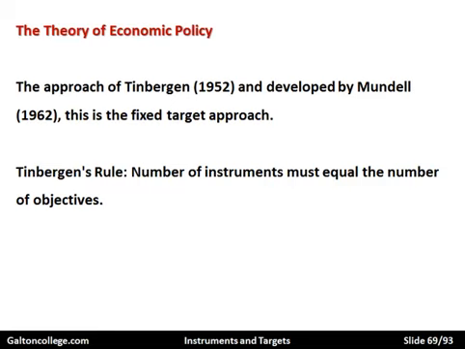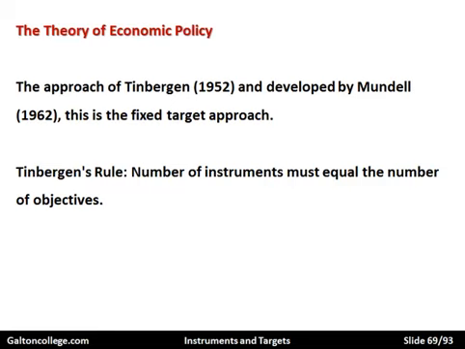So if the government wants to get low inflation, low unemployment, high rate of economic growth, and balance of payments equilibrium, that's 4. So it needs 4 instruments to achieve those. So it's quite a sophisticated approach. If it had 3 objectives, it would need 3 instruments.